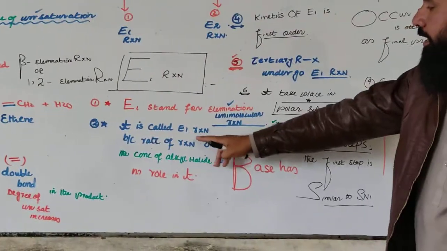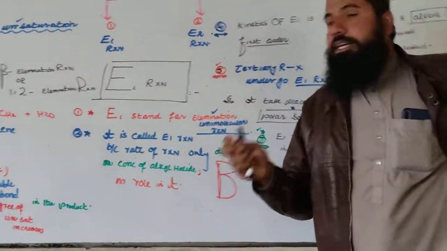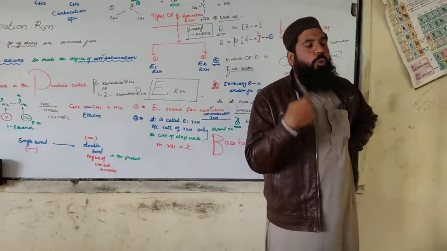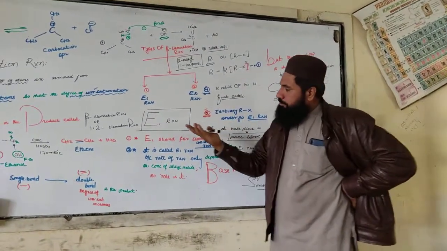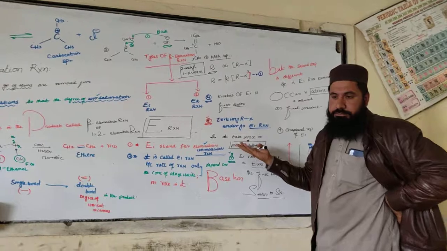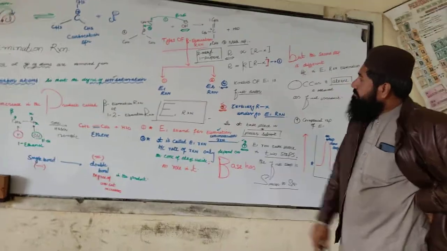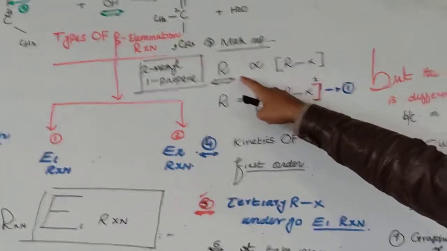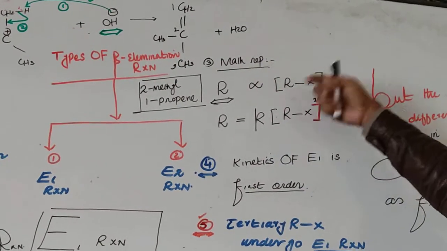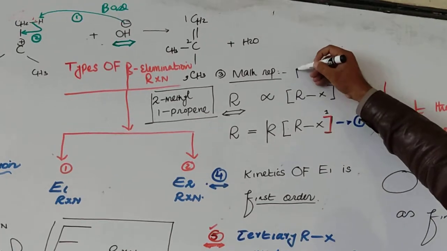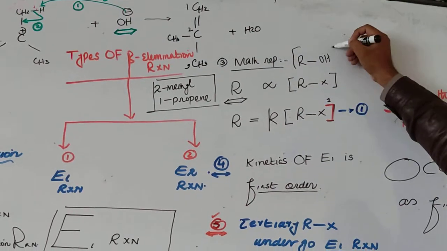Second, it is called an E1 reaction because the rate of the reaction depends upon only one chemical species, and that is the alkyl halide, or the alcohol. The rate is directly proportional to the alkyl halide, or the alcohol.